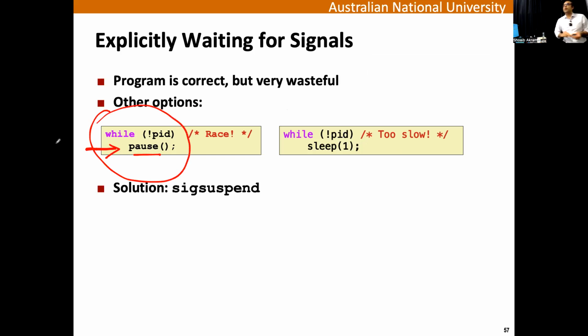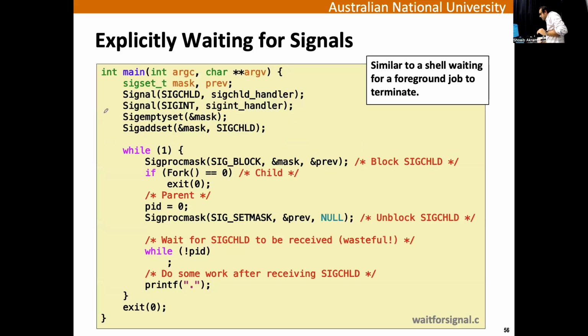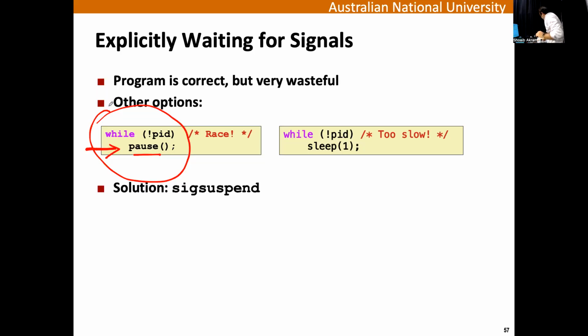I can pause, and then when I get this PID greater than 0, I go out of the loop. Note that we still need a while loop here, because you might be interrupted by SIGINT. Okay, so there's a handler for SIGINT as well. So you might get SIGINT. That's why you still need the while loop.